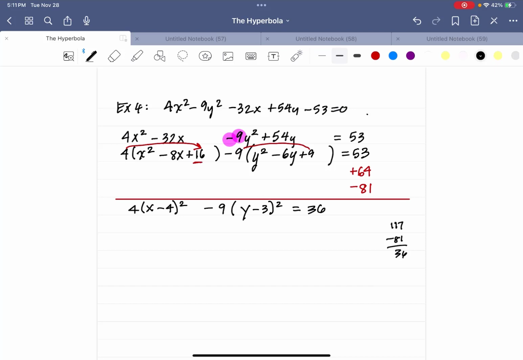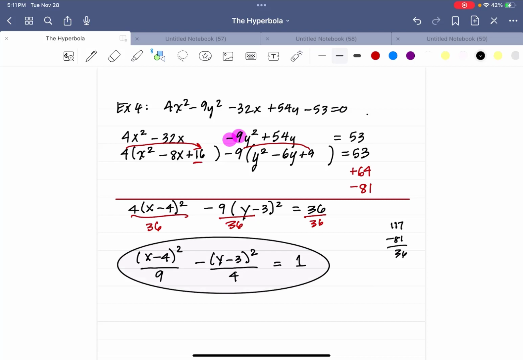Now I need a 1 there, so I'm going to go ahead and divide all of these by 36. Okay, and then that's going to give me x minus 4 squared over 9 minus y minus 3 squared over 4 equals 1. So that's the equation of that hyperbola that originated with this equation here.